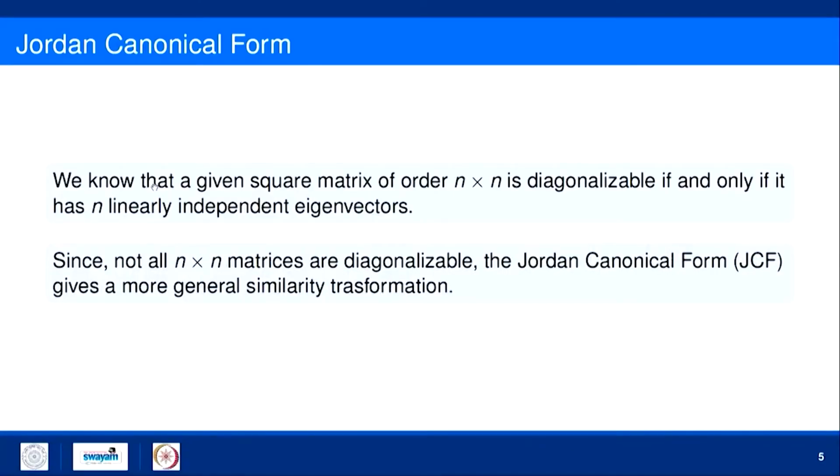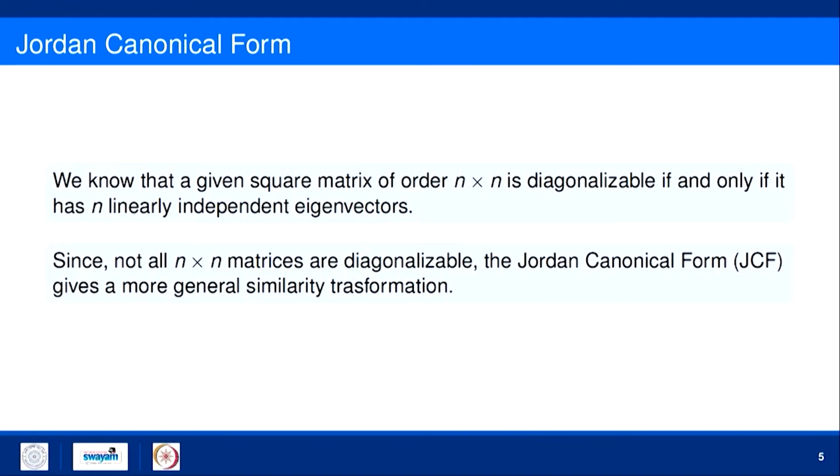So, we know that a given square matrix of order n by n is diagonalizable if and only if it has n linearly independent eigenvectors. So, if the number of linearly independent eigenvectors equals the size of the matrix, then the matrix is similar to a diagonal matrix, where the diagonal entries are eigenvalues.